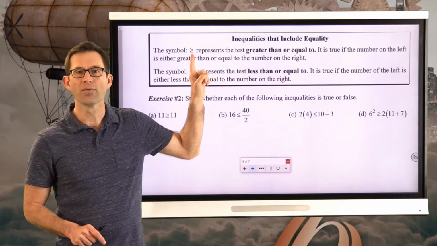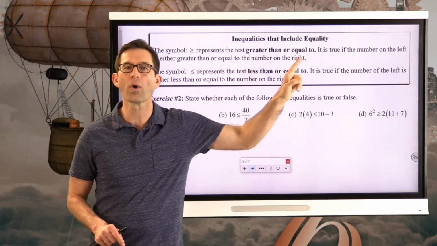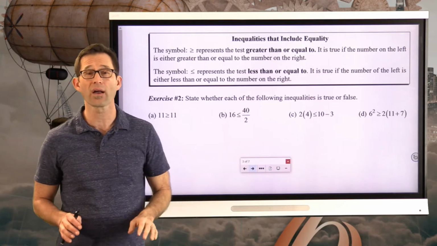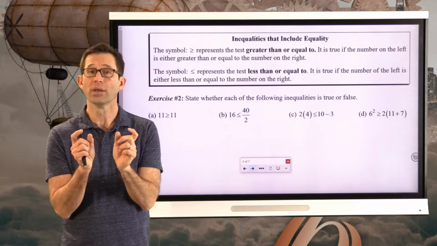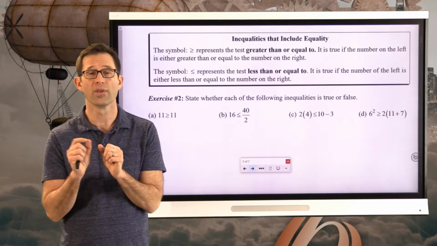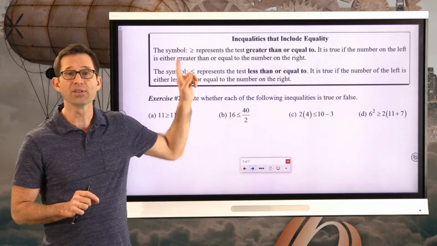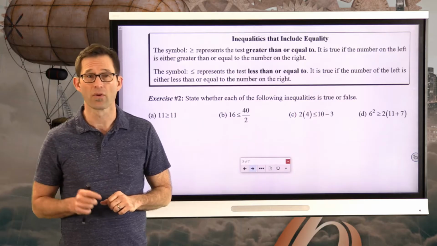So this symbol, the greater than with a little line underneath it, represents greater than or equal to. What you're really asking in that question is, is the number greater than the other number, or is it equal to the other number? The only way this one's going to be false is if the number on the left is smaller than the number on the right.